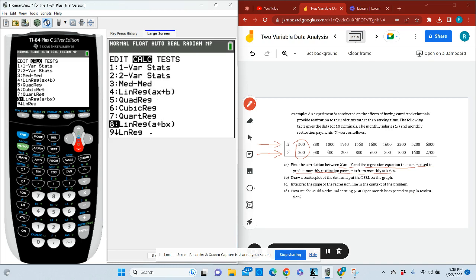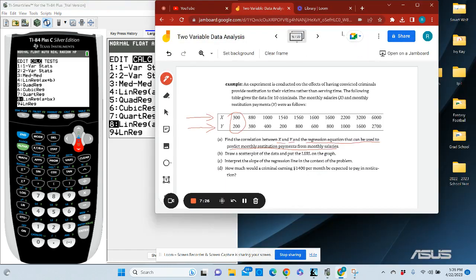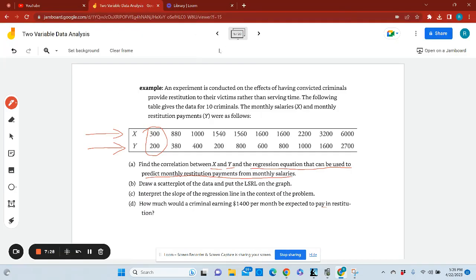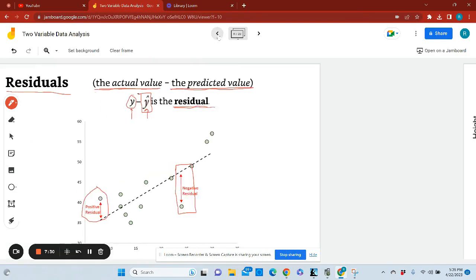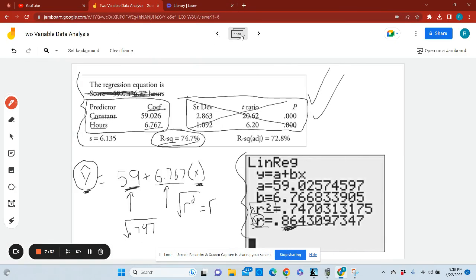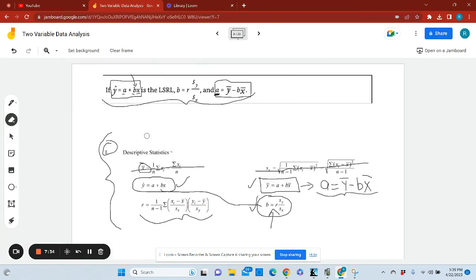I'm going to use function 8 here, though, because of the formulas on the AP exam sheet. They give you the linear regression formula: y hat, the predicted y value, is equal to a plus bx. So they're using a as the y-intercept and b as the slope.